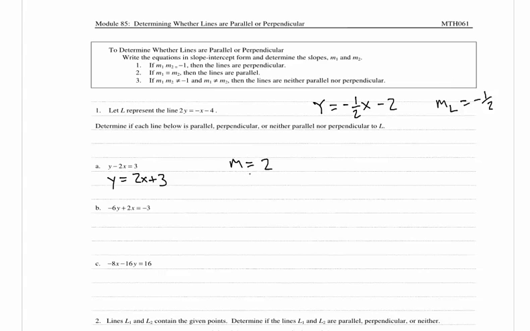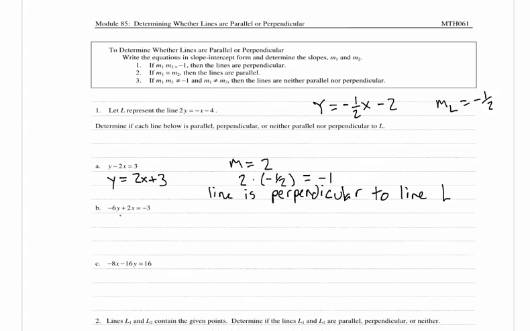So we're going to multiply them together to see if we get -1, and we have 2 times -1/2, and this is equal to -1. So this line is perpendicular to line L.